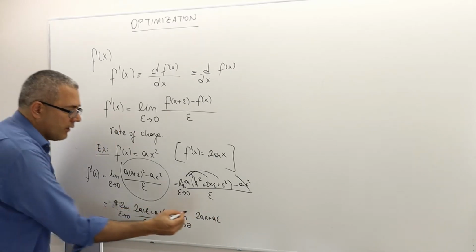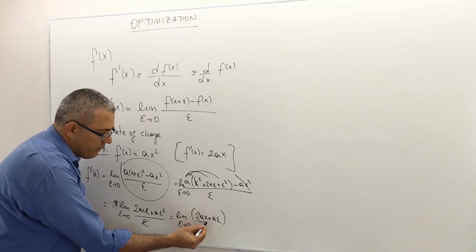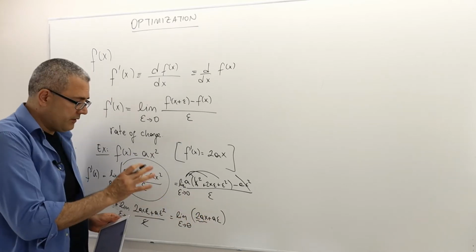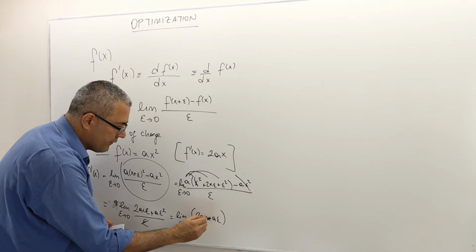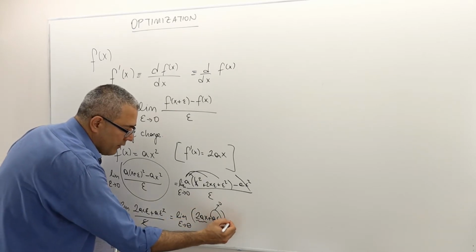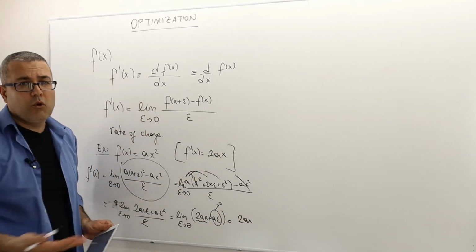That's it. When you take the limit as epsilon goes to 0, the first term has no epsilon, so it just stays constant. But in the second term, as epsilon goes to 0, the value approaches 0. So the limit is nothing but 2ax, as we already know.